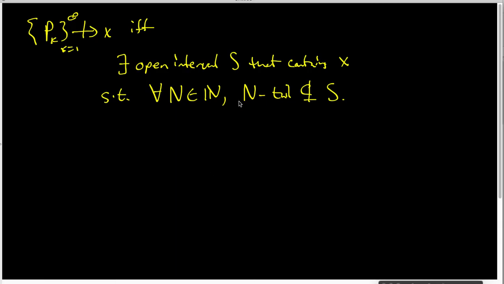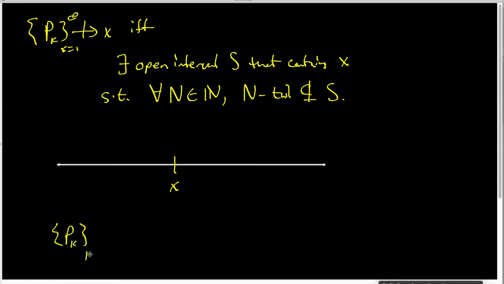Now, I want to think about what this actually means. So what does this part here mean? So let's draw a picture. Here's my number line. Here is x, and I am assuming that the P_k's do not converge to that x. So what we have is there is some open interval.